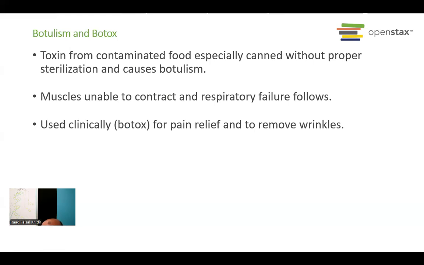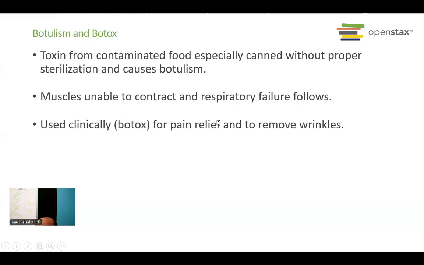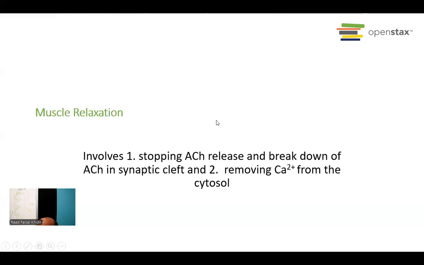And Botox is clinically used to remove wrinkles because it does not allow the release of acetylcholine. The process involves stopping acetylcholine release, the breakdown of acetylcholine in the synaptic cleft, and the removal of calcium from the cytosol.